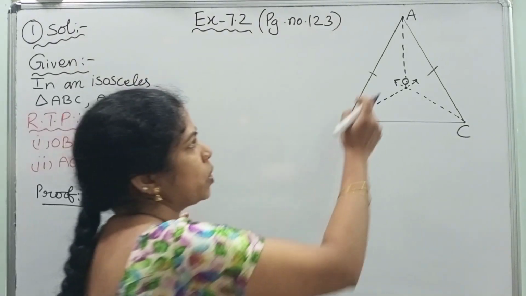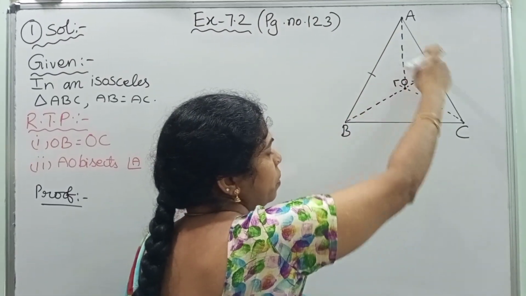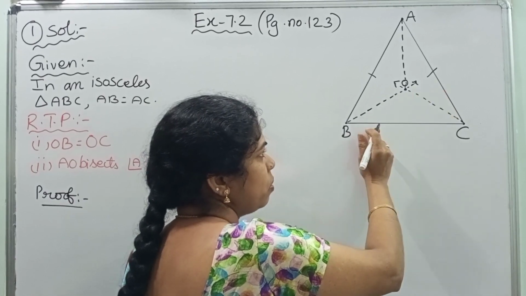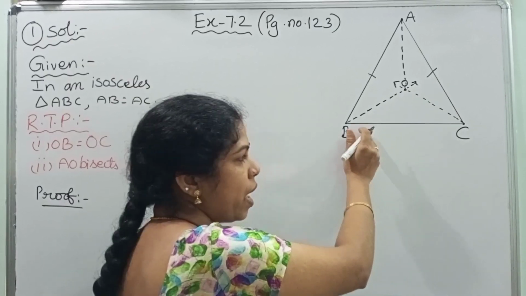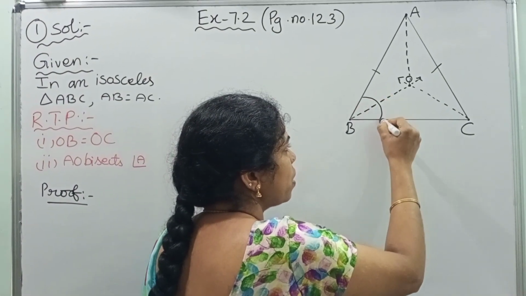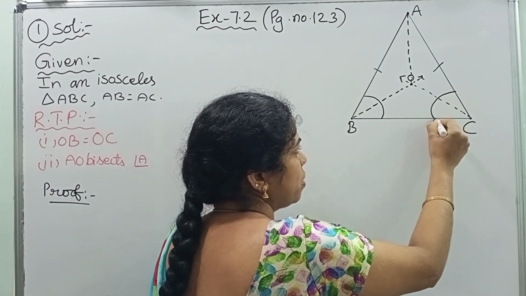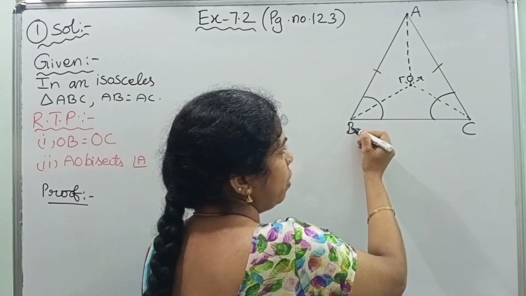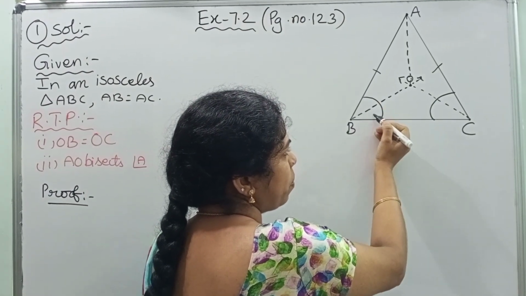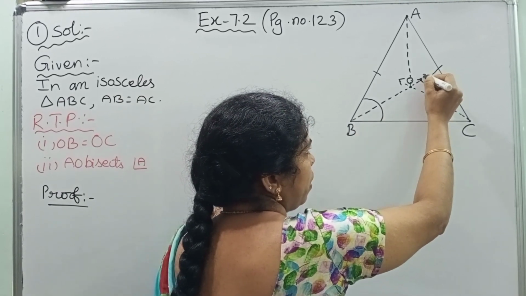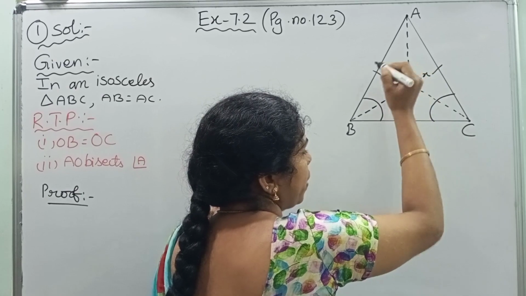So, if you observe, AB is equal to AC. Since AB is equal to AC, the angles opposite to the equal sides are equal as per theorem 7.2. So, angle B is equal to angle C. Angle B is divided into two equal parts by BX, you can name it as X, and CY.